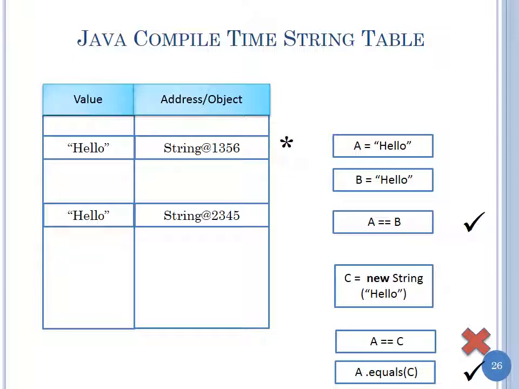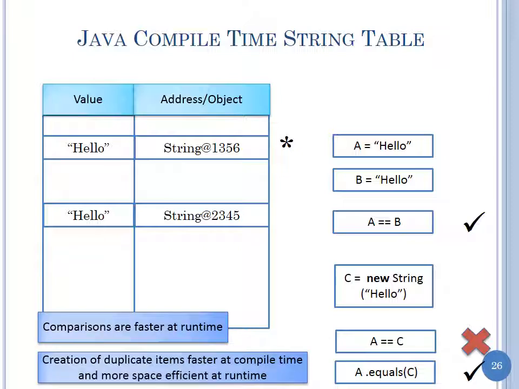Questions? More questions? So comparisons are faster at runtime, and this is more space efficient at runtime. And if you're doing duplicate items, then I guess the compile time is not really that much faster.